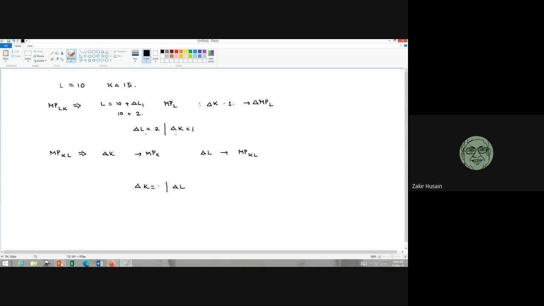So we have to ensure that this is the same as before. But as you can see, the change in labor and change in capital are different. Yes, sir.